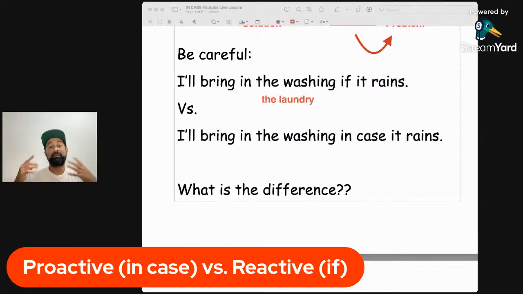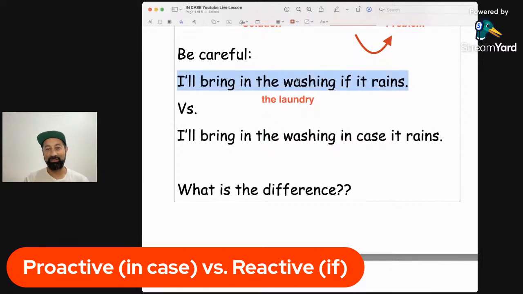All right, so that's a possible problem. It's not raining right now, but it might rain. There's a possibility. So I'm preparing. I don't want my laundry to become wet. I don't want it to become soaked with rain. So I bring in the laundry. I'm preparing.